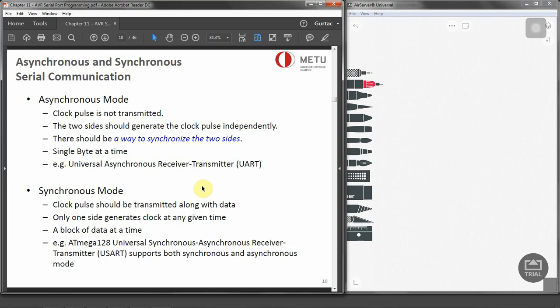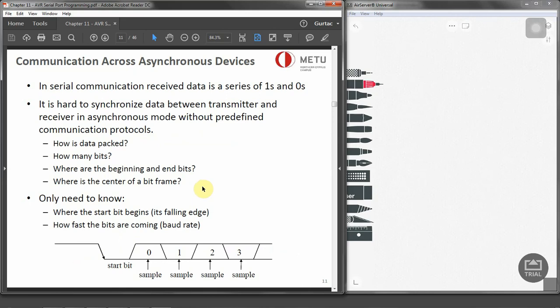When we talk about asynchronous, what we are actually saying is we are sending ones and zeros from one side to the other. So how are we going to synchronize the data between the transmitter and the receiver? As we already said, we need the protocols.